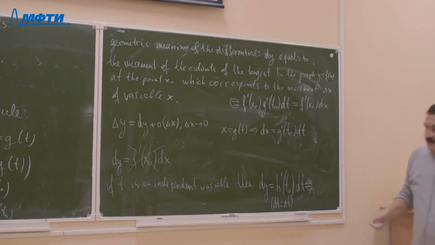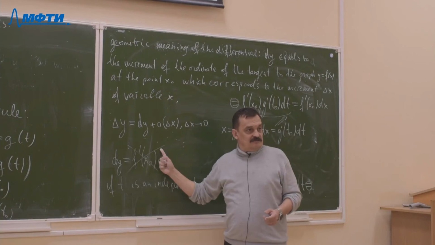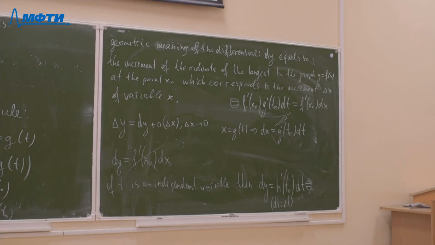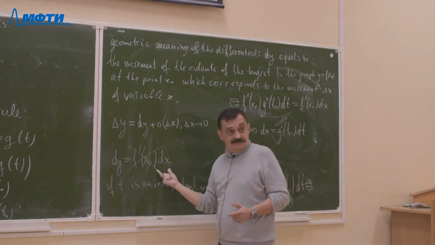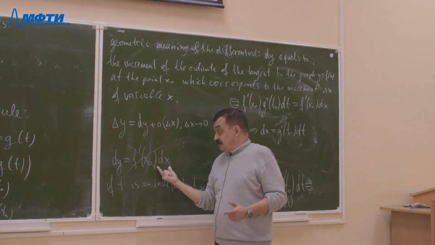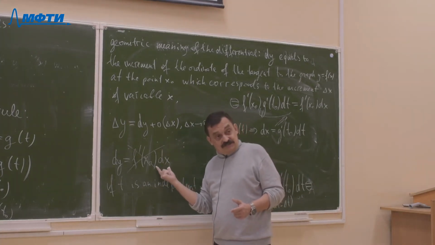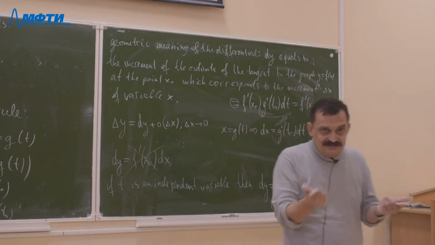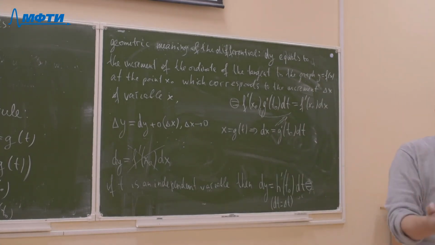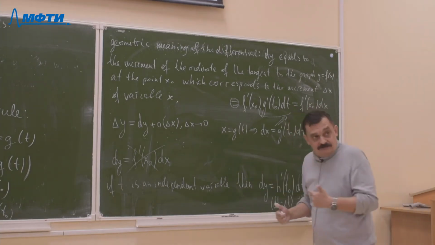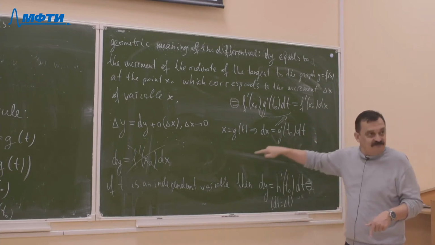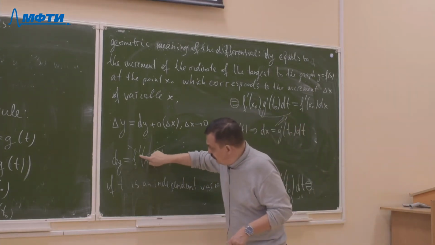So you see, I said to you, we had no right to write it like that, no possibility yet, because we couldn't use the notation dx equals delta x. There was an agreement that dx equals delta x only if x is an independent variable. But it turns out that in spite of this, the formula is still valid. So no problem with it.